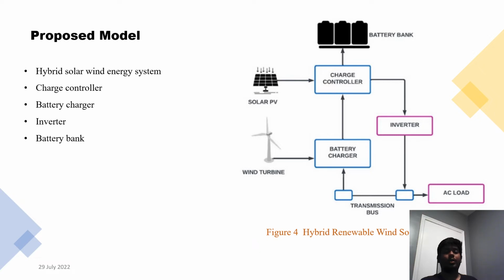Here, the outputs of the individual renewable energy sources are combined and fed into the charge controller, which first and foremost charges a battery bank to act as a residual storage to counter the intermittent nature of renewable energy sources. The rest of the energy is given to the inverter and converted into an AC supply and fed into the AC load to satisfy the energy requirements of the community of Makkovik.